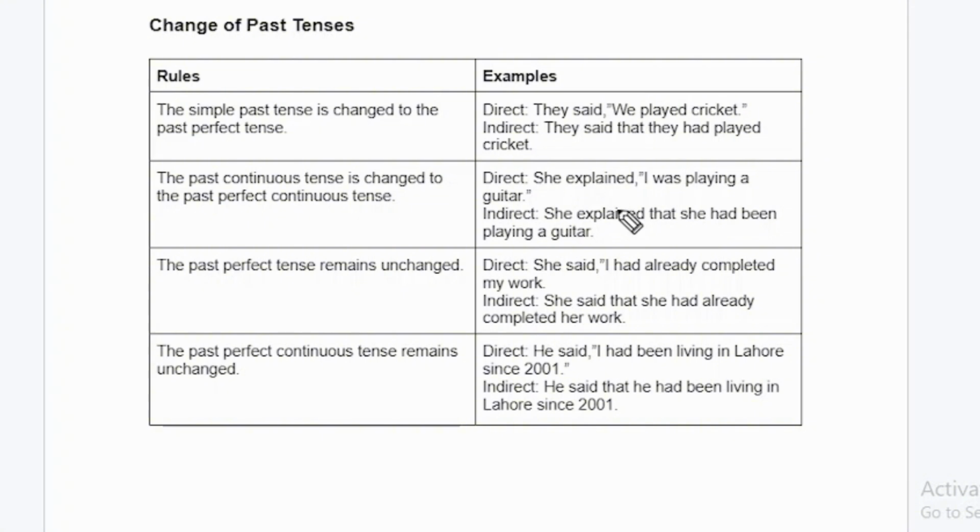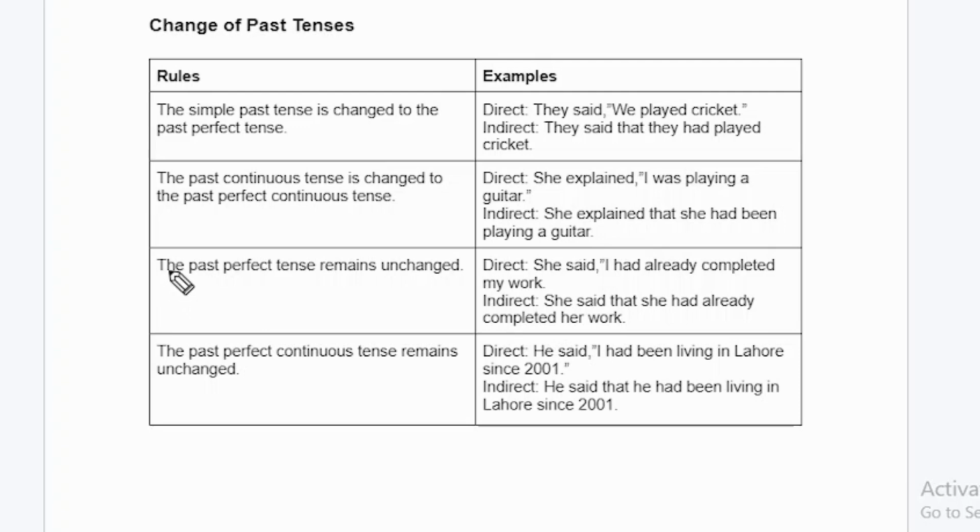So you can see "explained" is the same, the reporting speech is the same. We added "that," I converted into "she," and instead of "was," the past continuous, we use the past perfect continuous, "had been playing a guitar."